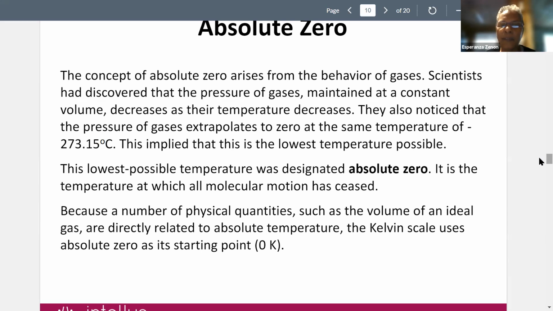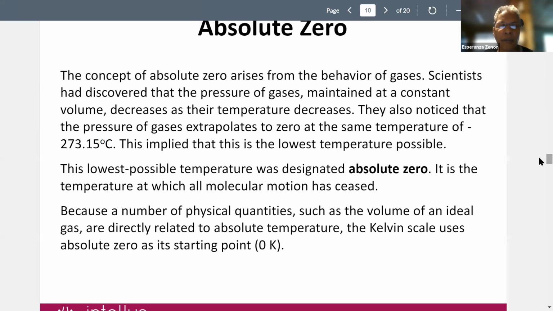In studying the behavior of gases, scientists noticed that for any gas, as you look at the relationship between pressure and temperature, think of a graph where you're plotting pressure and temperature, the behavior of all gases always extrapolates back to the same temperature of -273.15 degrees Celsius, which corresponds to what? 0 Kelvin, right?